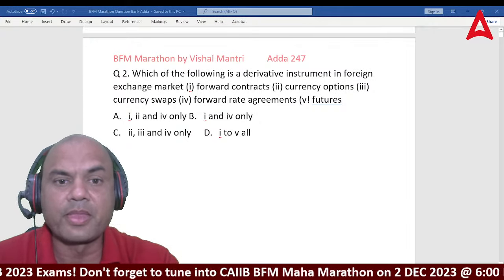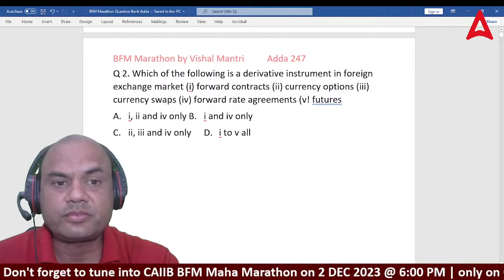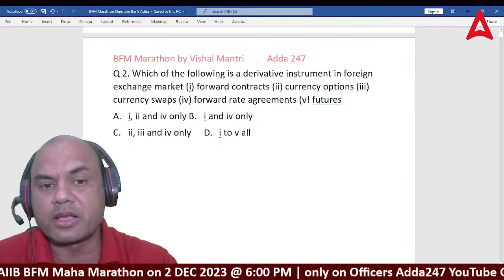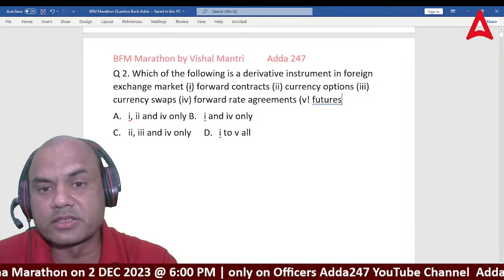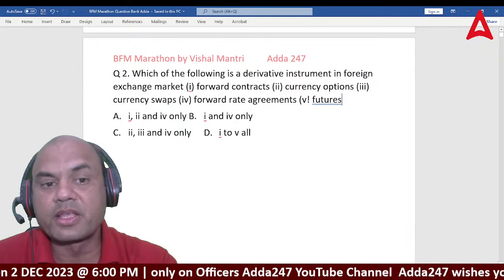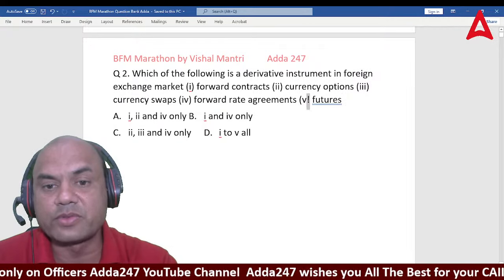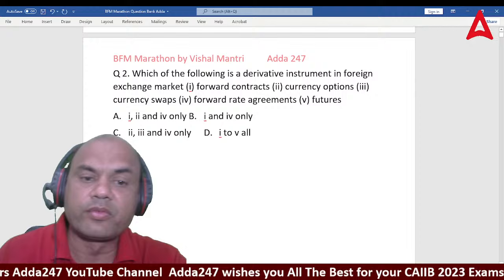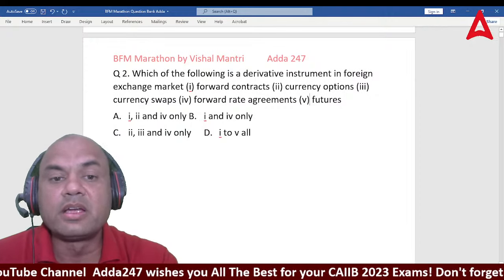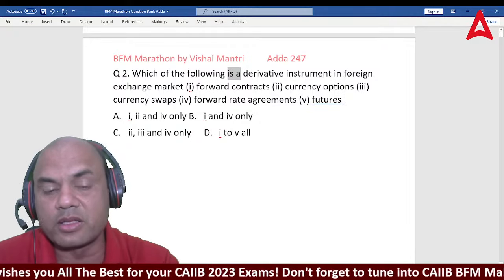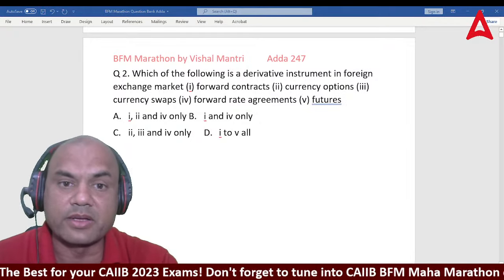Next one. Which of the following is a derivative instrument in foreign exchange market? Forward contracts, currency options, currency swaps, FRA meaning forward rate agreements, and the last one is futures. The first question was not, here it is a derivative instrument.